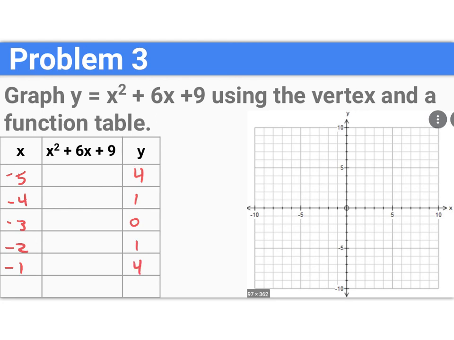Okay. So -5 is at 4. -4 is at 1. -3 is at 0. -2 is at 1. And -1 is at 4. So our graph will look something like this.